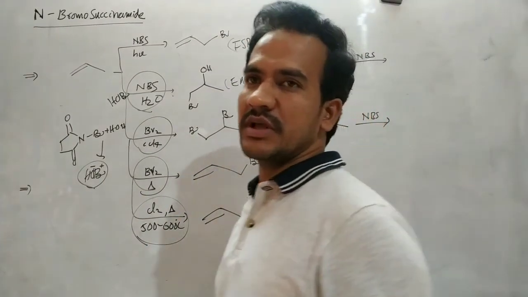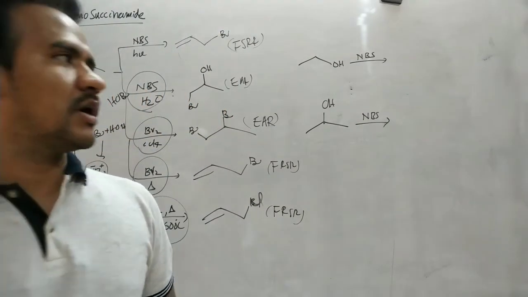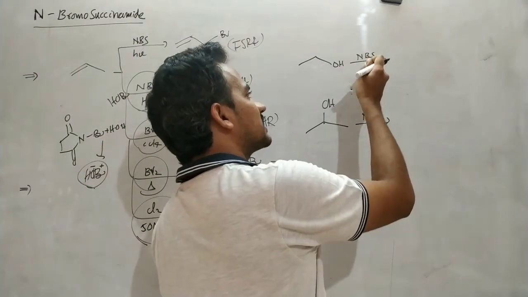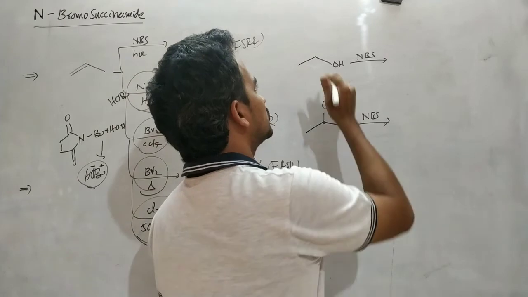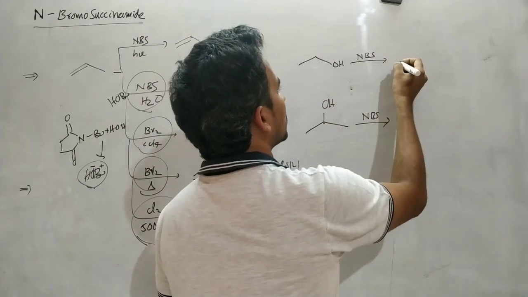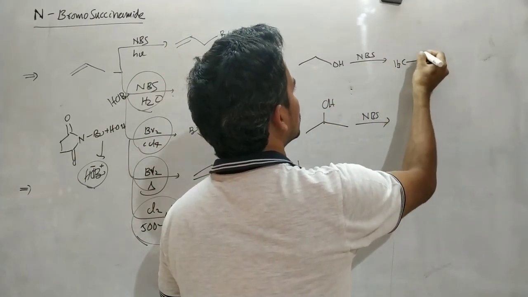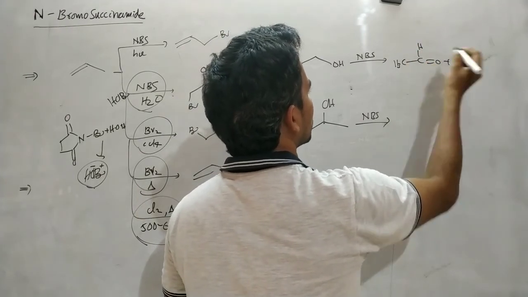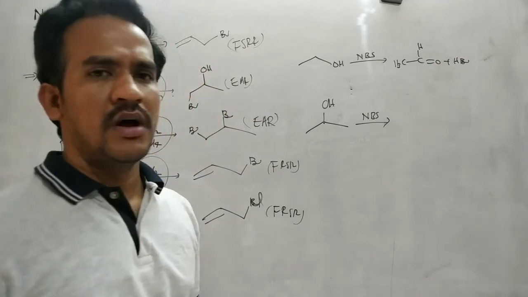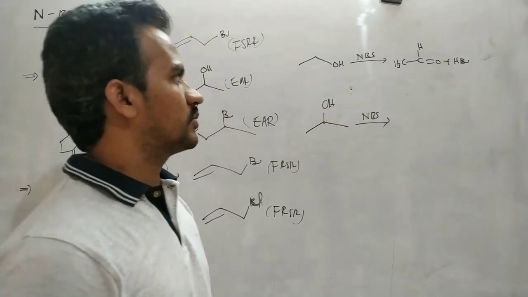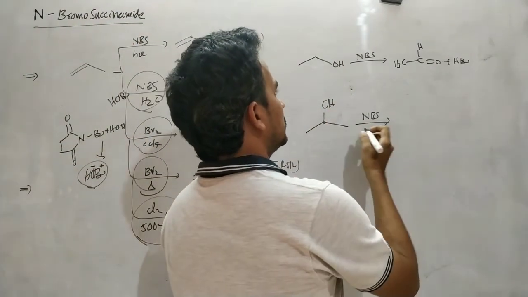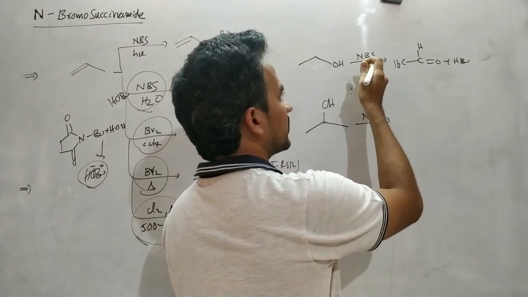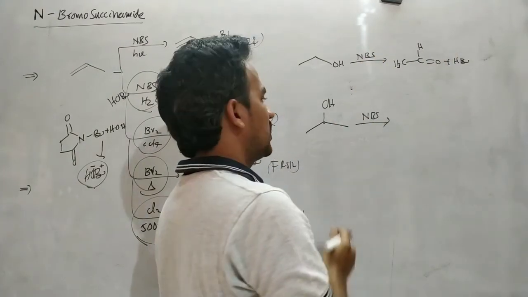Now another role of N-bromosuccinimide: it is also used for the oxidation of primary alcohols and secondary alcohols. It acts as a weak oxidizing agent. In this case, primary alcohols are oxidized to aldehydes. The side product is HBr. Of course, succinimide is also one of the products, as N-bromosuccinimide is converted to succinimide.